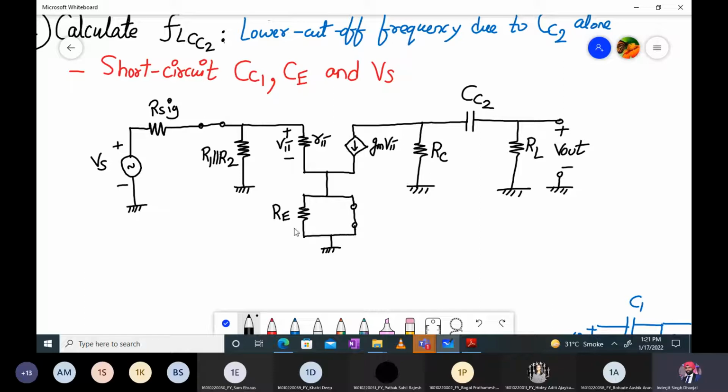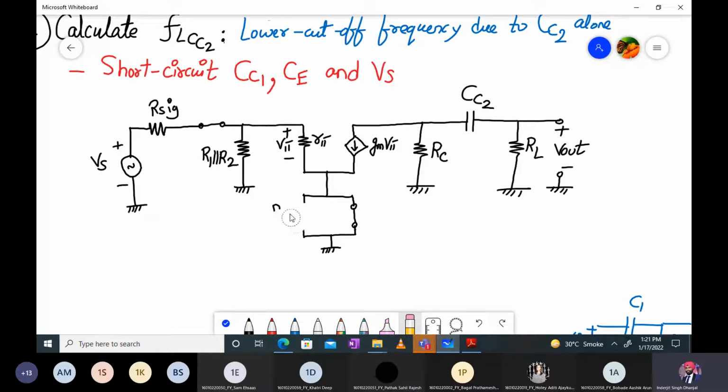Now, can anyone tell me what will happen to the resistor RE? Will RE be redundant? Yes, because it will be replaced by a short circuit. If this capacitor CE becomes a short circuit, then RE also will be redundant, so RE will be gone from the circuit.